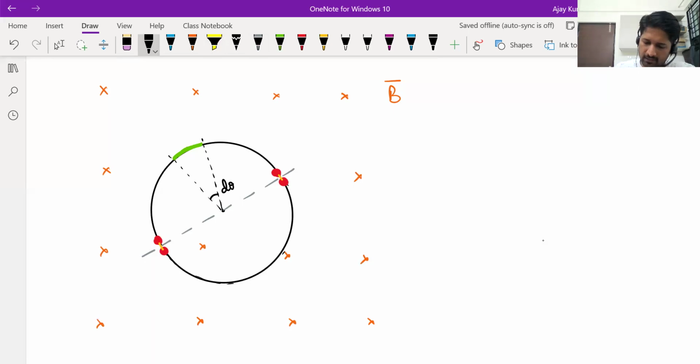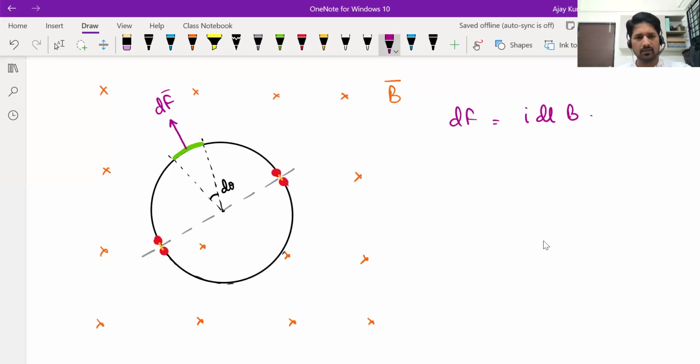Now on that element, we know there is a magnetic force acting outwards, dF. We even know how much that is. dF in magnitude is I dl B. Now the radius of this ring, or loop, was given as R. So can one of you tell me, if radius is R and angle is d theta, what can dl be written as? dl is the length of the arc.